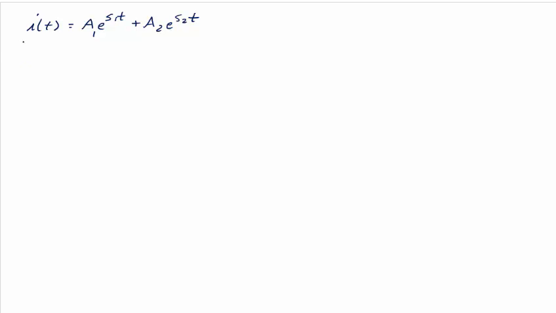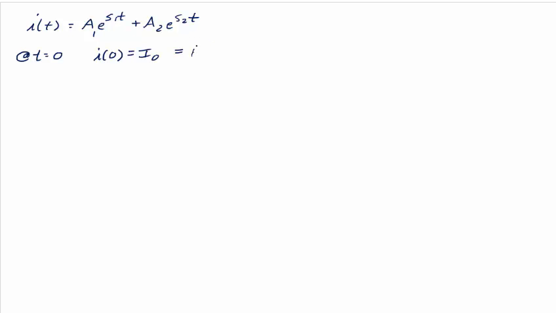So we want to start with applying the initial conditions, which are at t equals 0. It's actually 0 plus or 0 minus, what happens in the circuit. So we do have that I at 0 equals I0, and I'm going to put 0 in for t in our equation right here.